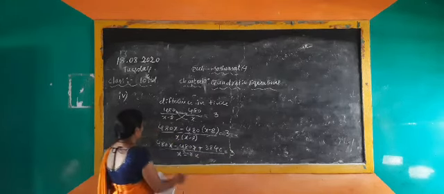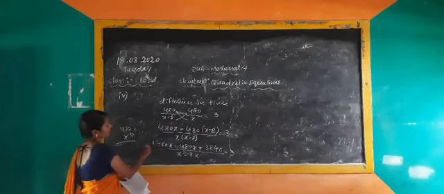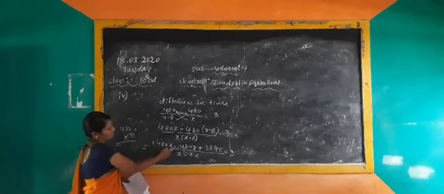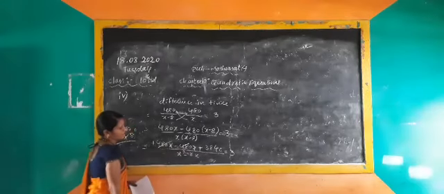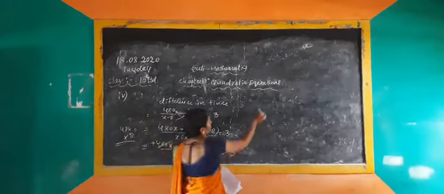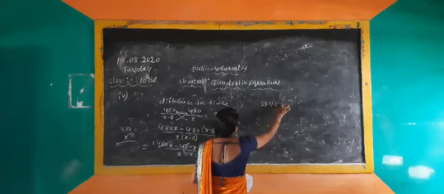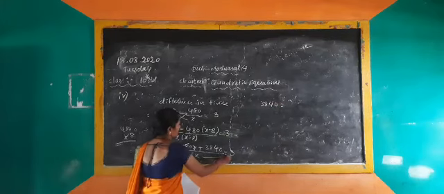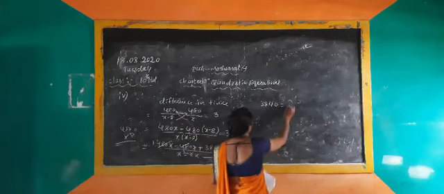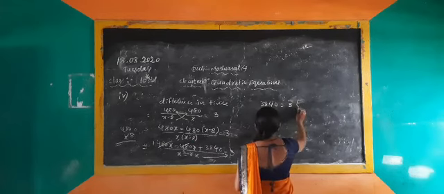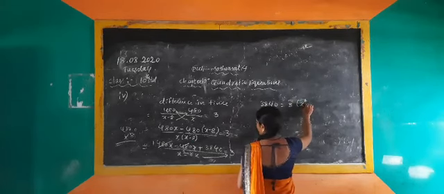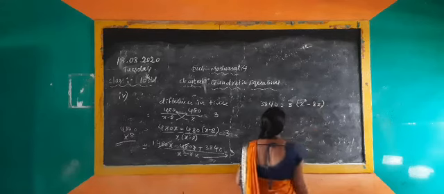Again this can be seen. Plus 480 into x and here minus 480x cancelled. Remaining you should write 3840 is equal to 3 into x square minus 8x.